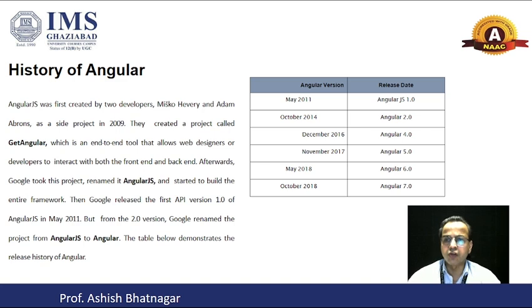Afterwards, Google took this project and named it AngularJS and started to build the entire framework. Google released the first version 1.0 of AngularJS in May 2011. From version 2.0, Google renamed the project from AngularJS to Angular. And here you can see the basic summarization of the history of Angular.